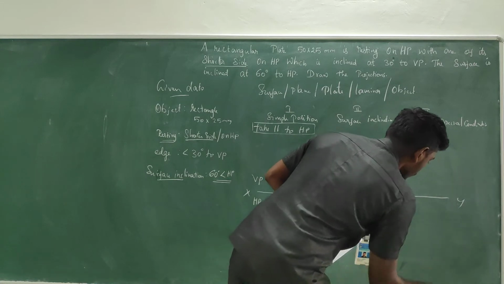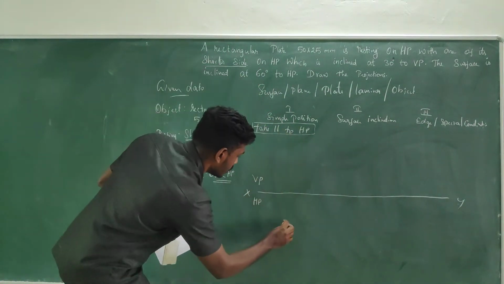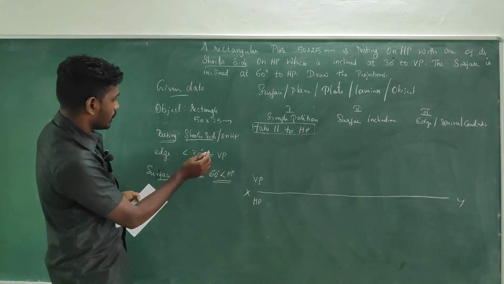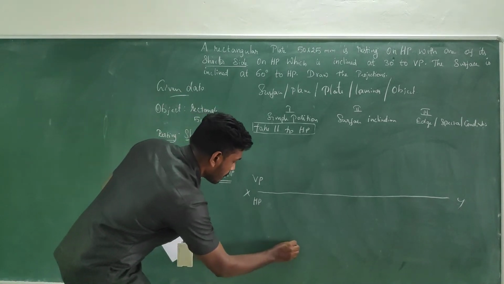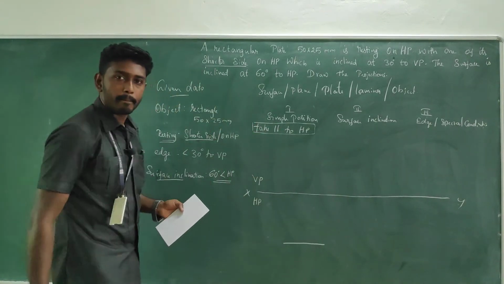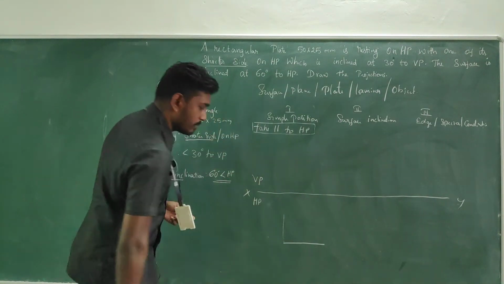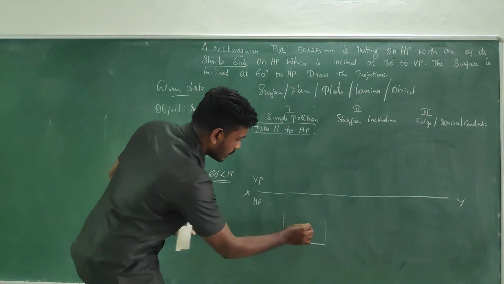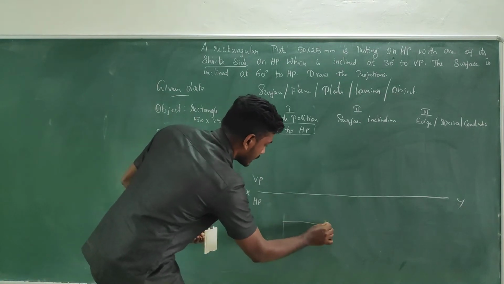So in the top view, we are going to get the true shape when parallel to HP. First of all, what is the size? 50, right? So take 50 mm in the horizontal, then go with the vertical line, 90 degree line, and measure 25 and connect the line.